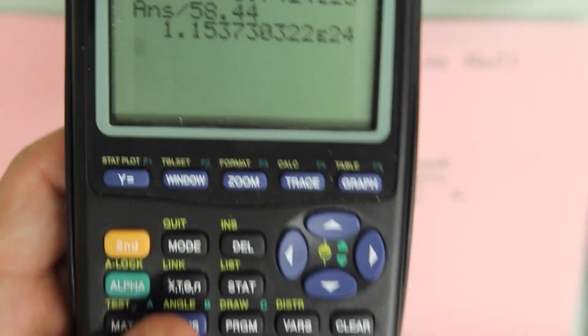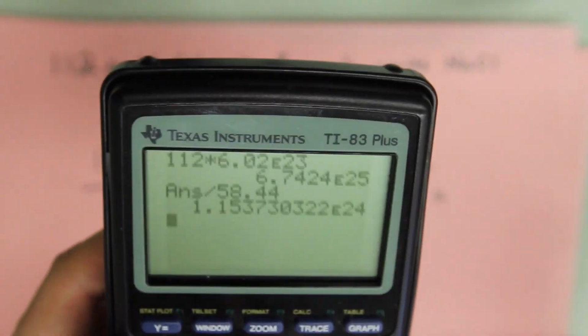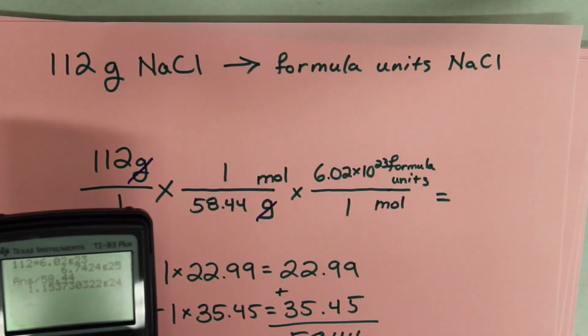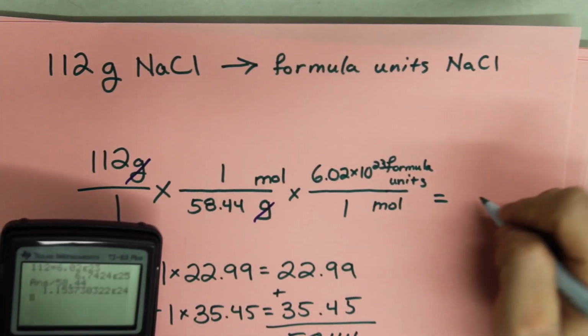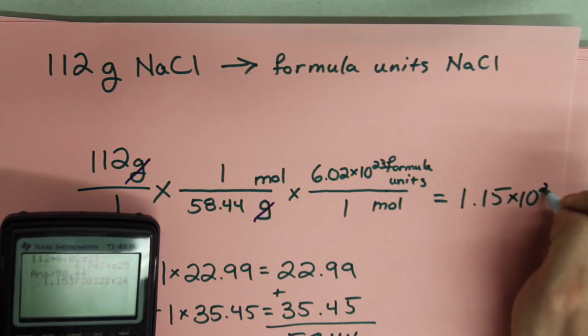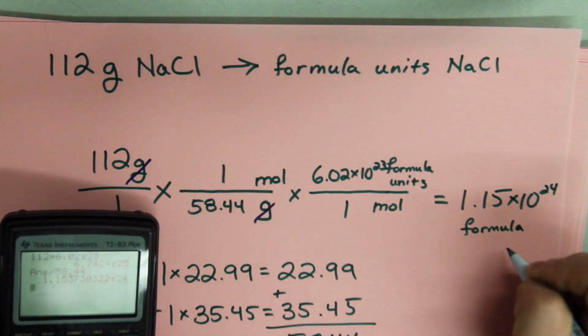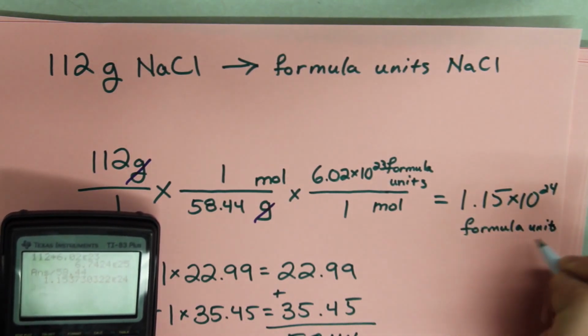And then this is going to tell us our total number of formula units, which happens to be 1.15 times 10 to the 24th. So coming back down here, we have 1.15 times 10 to the 24th formula units of NaCl.